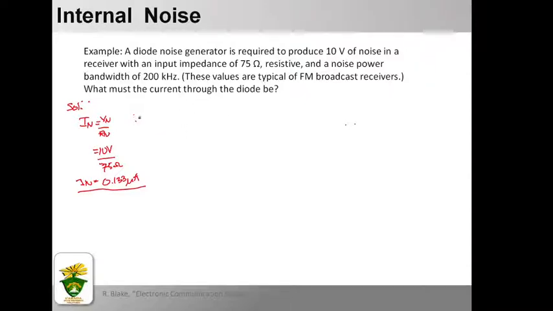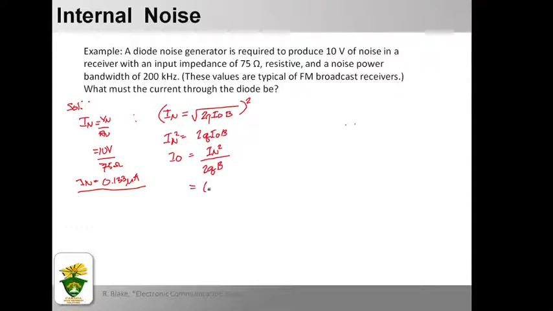How about the current through the diode? Using the equation given earlier, we have IN equal to the square root of 2Q IO times B. Squaring both sides, we have IN squared equal to 2Q IO B. Solving for IO, we have IN squared over 2QB.